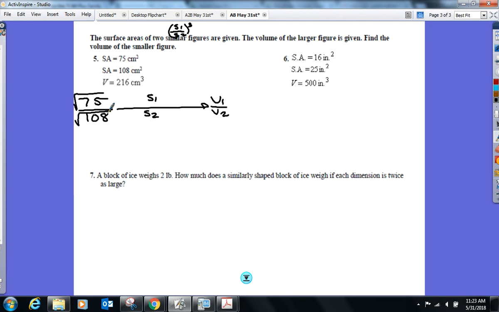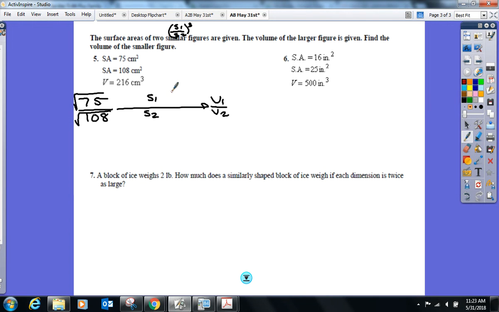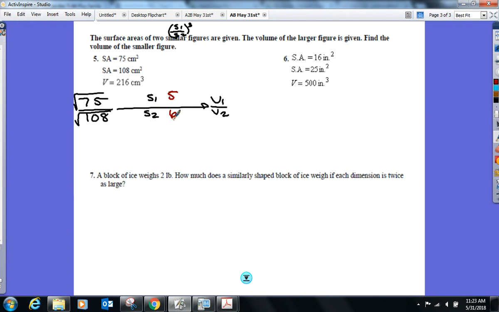Square root of 75 over square root of 108. Everyone can get 5, 6. Change it back into a fraction. Okay, that's 5, 6.